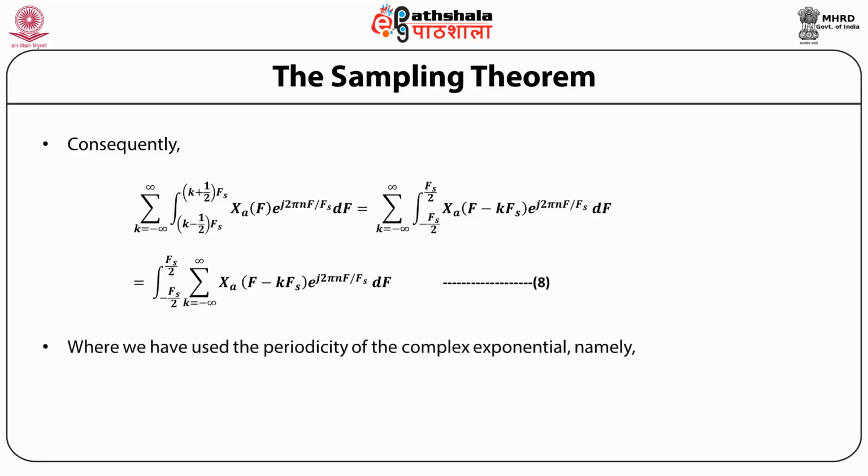Here we have used the periodicity of the complex exponential, namely exponential j2 pi n (f plus kfs) by fs equals exponential j2 pi nf by fs.